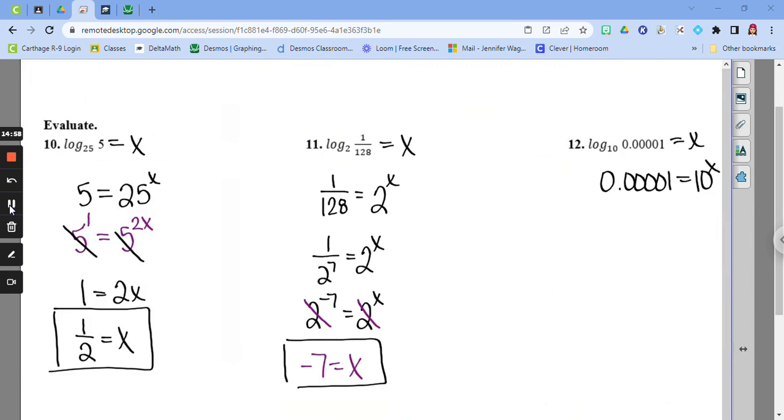So there's our exponential equation. We want a base of 10. So what base of 10 would that be?